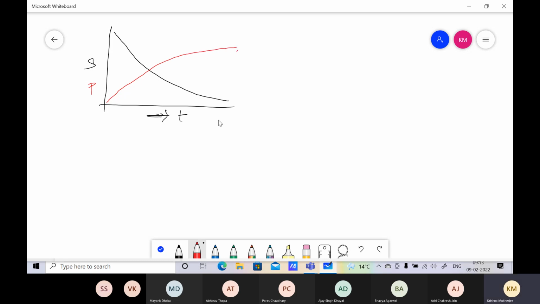Molar concentrations here, and the enzyme and the ES, which are very important. The ES is the critical point.